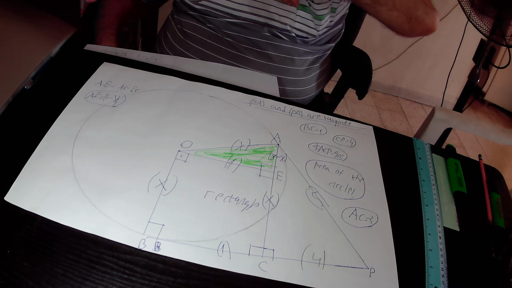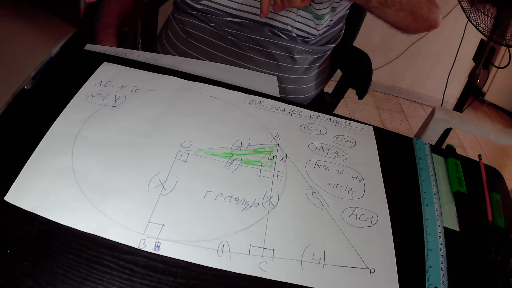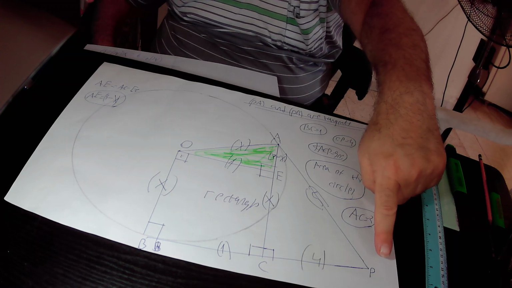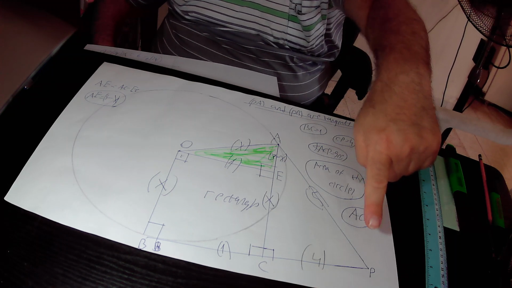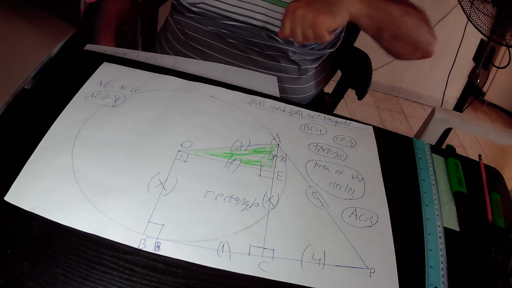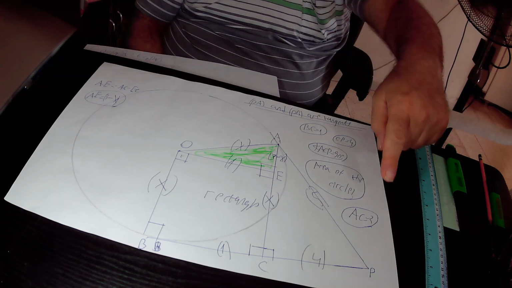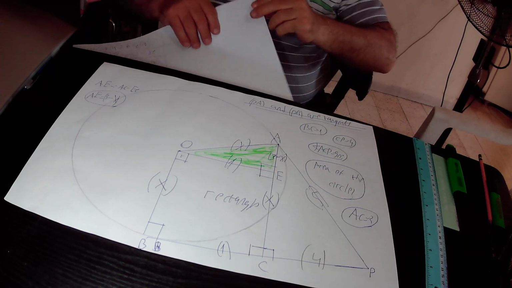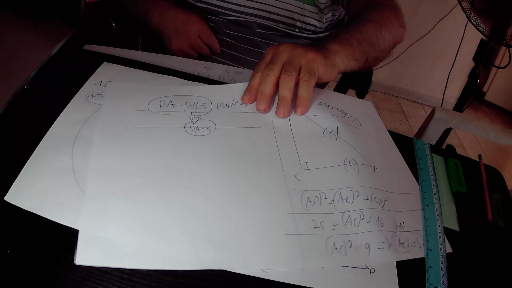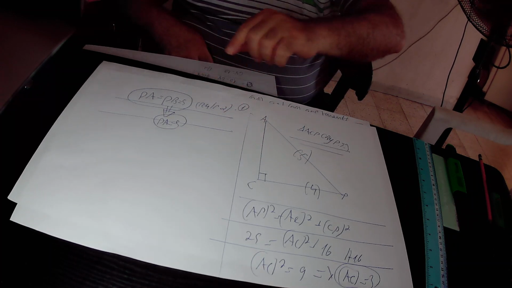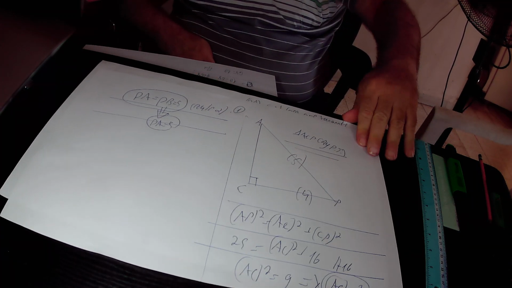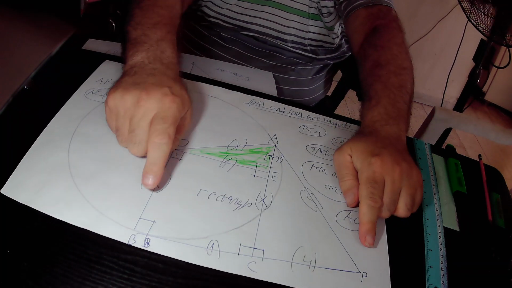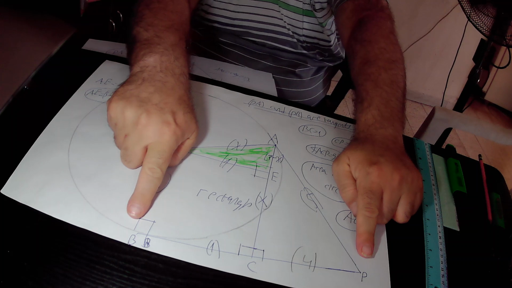So here we can implement rule 2. Why? Because if we focus on this common external point P, from this point we have two tangents to this circle, tangent PA and tangent PB. And according to rule 2, they are equal to each other. That is to say, PA equals PB. But it is given in the question that PB in total equals 4 plus 1, that is 5.